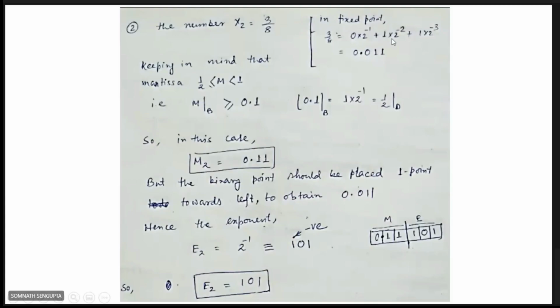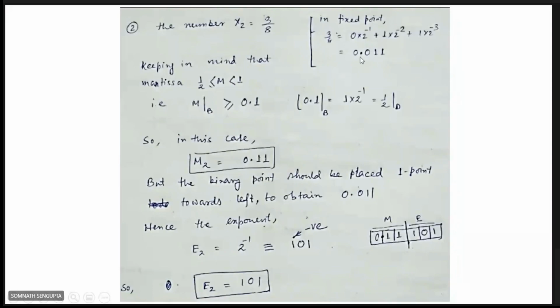Then 3 by 8 is actually 0 plus 1 by 4 plus 1 by 8. So in fixed point, it is actually 0.011.